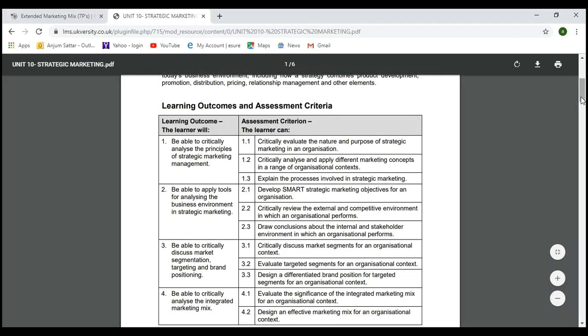Lesson 2 is about SMART objectives, what is meant by the competitive environment, internal and external environment.